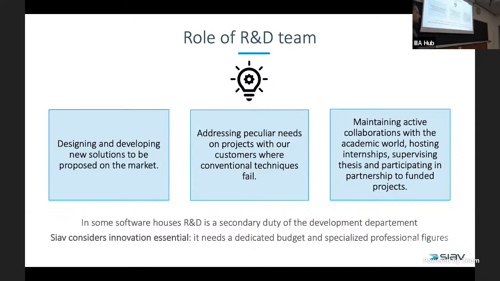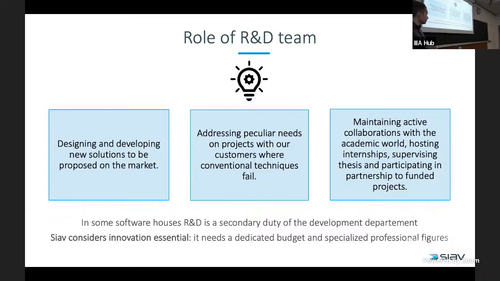The secondary duty is working in some projects, in particular addressing peculiar needs where some particular skills or technologies are required that are usually not part of what the development department usually works with.